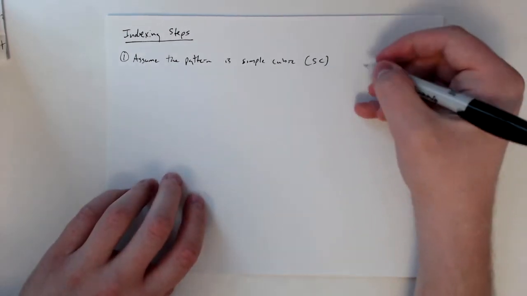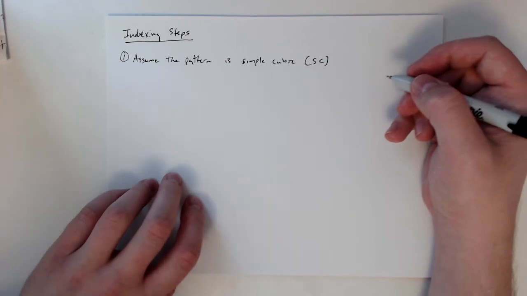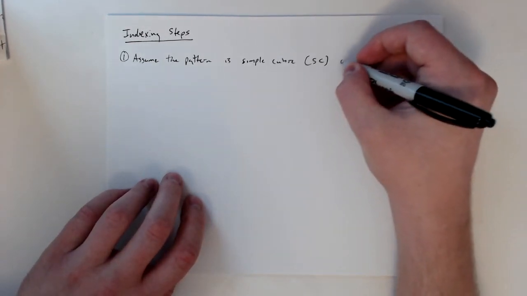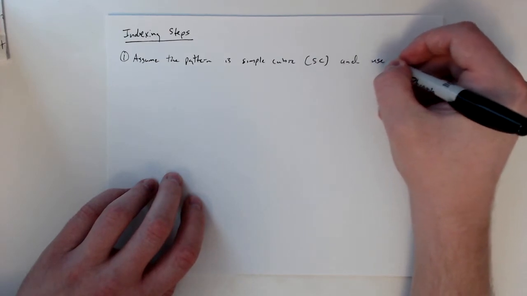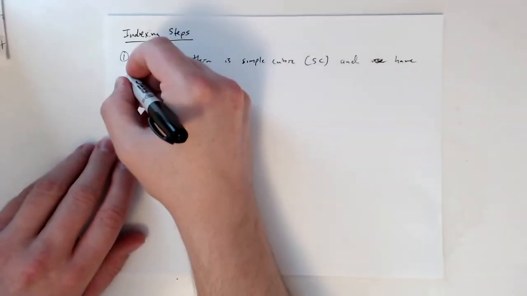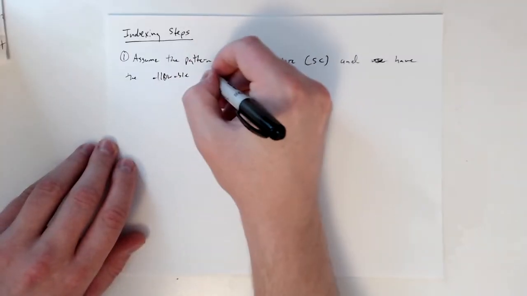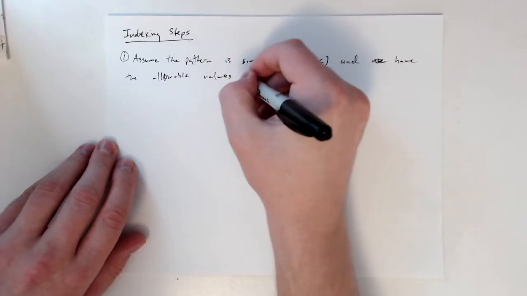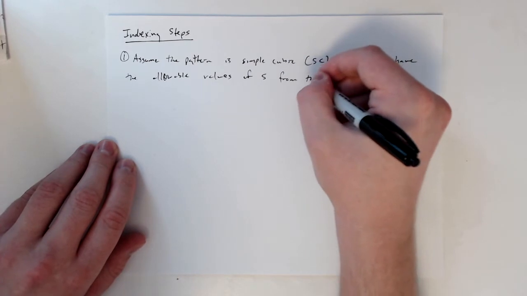And by making this assumption, and this is something that we can test, so even if we assume wrong, that is fine. But by making this assumption, we have the allowable values of S from the table in Cullity.